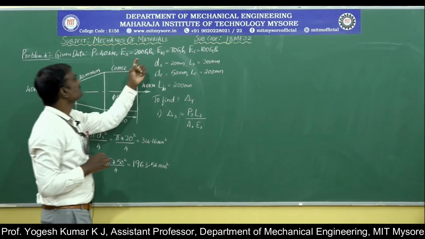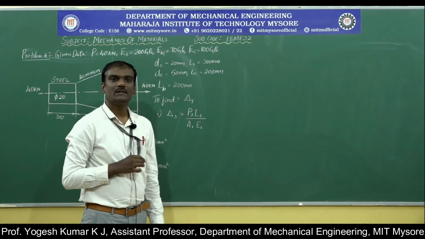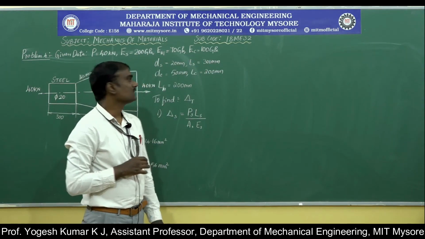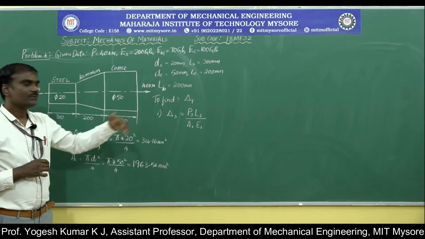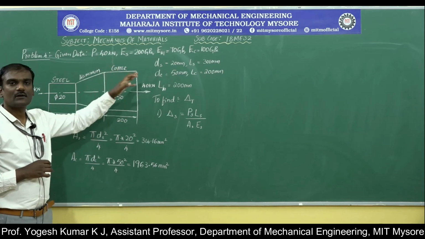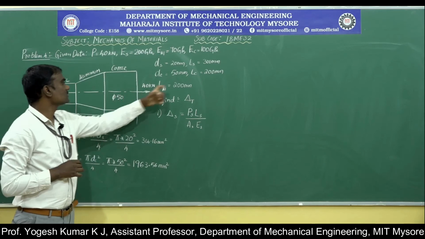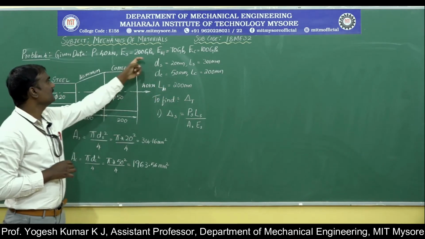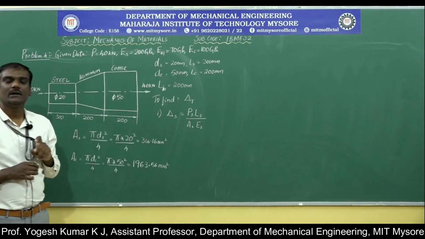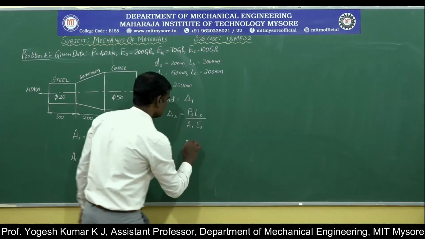Now one different thing you should observe, the Young's modulus are given in terms of gigapascal. While solving the problem, we will convert all the gigapascals or pascals to Newtons and millimeters, keeping everything in terms of millimeter square. Let us see how to convert gigapascal into Newton per millimeter square.